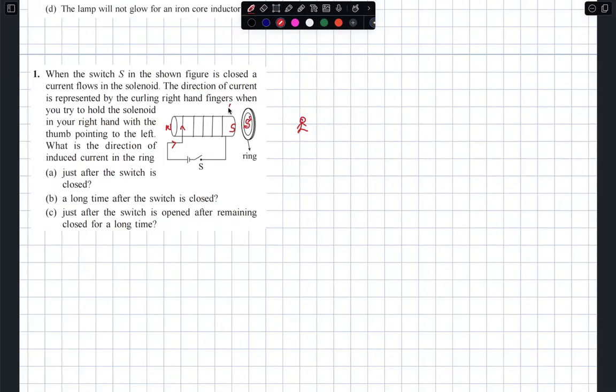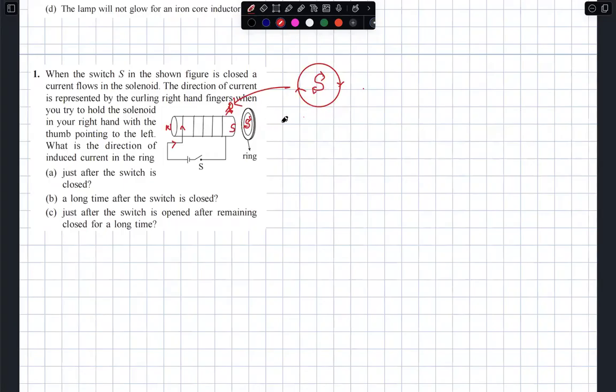If I am an observer here, an observer here will see south. South means clockwise. Just after the switch is closed, you will see a clockwise current.